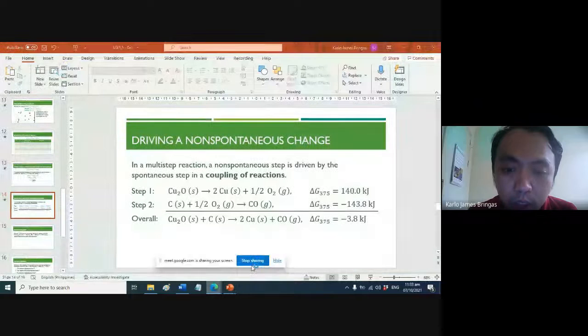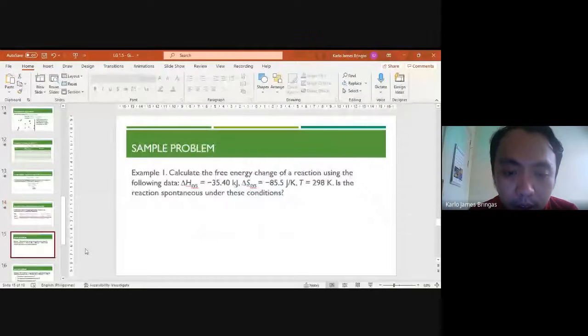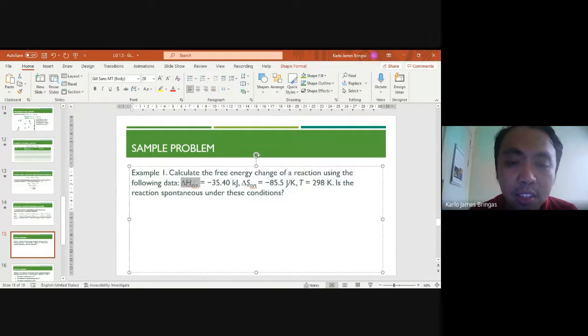So at this point, let's try some examples. Let's say we have example number 1. Calculate the free energy change of a reaction using the following data. We have the delta H for the system equal to this one.